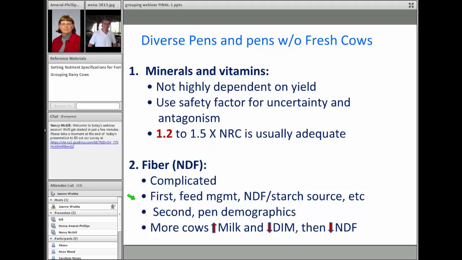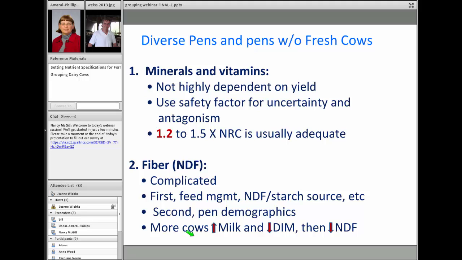On fiber, or NDF, this is more complicated, and this is beyond what I can talk about here in 30 minutes. There are many other things I'm going to consider when I come up with a fiber spec other than distributions of milk yield, things like feeding management, the starch source, and so on.